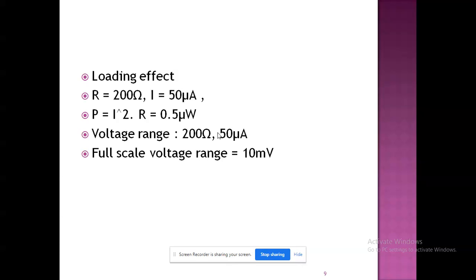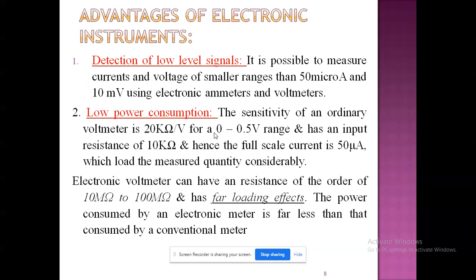And this is only possible through use of electronic voltmeters, which allow the use of an amplifier. Therefore, with the help of an amplifier, it is possible to measure the current and voltage of smaller ranges than 50 microamps and 10 millivolt using electronic ammeters and voltmeters.